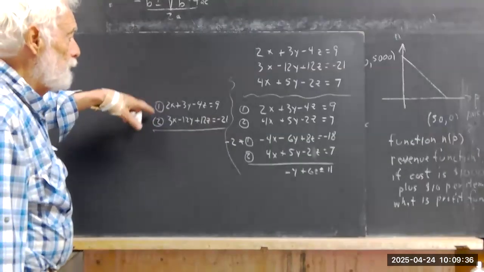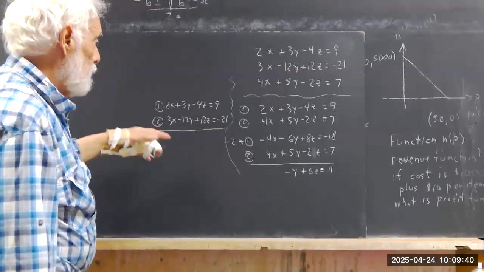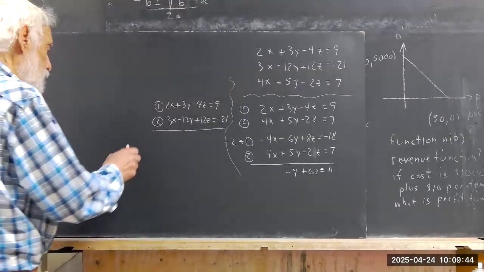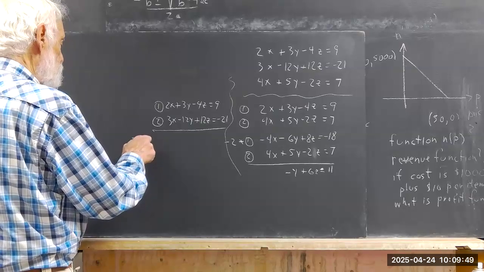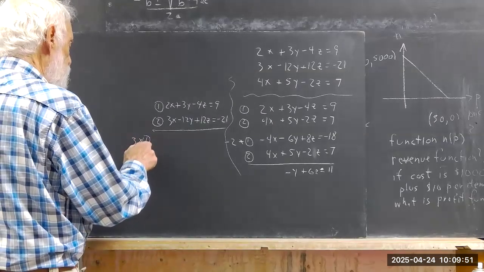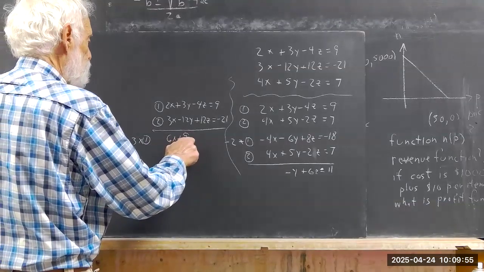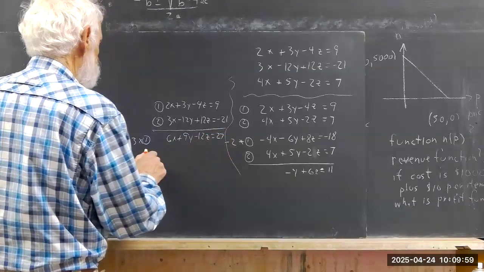So the class chose these two equations to eliminate x. We could have chosen this one and this one. It wouldn't have made any difference. And I think most chose to multiply equation 1 by 3, which gives you 6x plus 9y minus 12z equals 27.